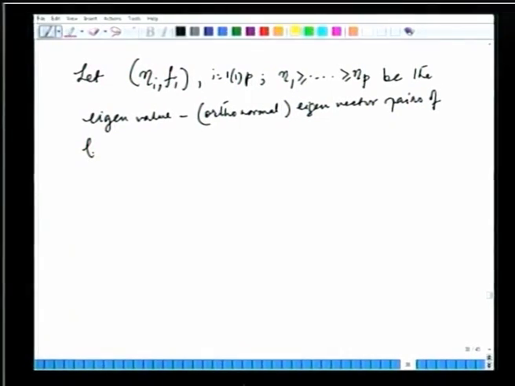I had earlier lambda i and ei, the eigenvalue-eigenvector pairs of sigma. I don't calculate the eigenvalues and corresponding eigenvectors for sigma now. Instead I calculate them for the correlation matrix rho, and then I get these as the pairs of the rho matrix.